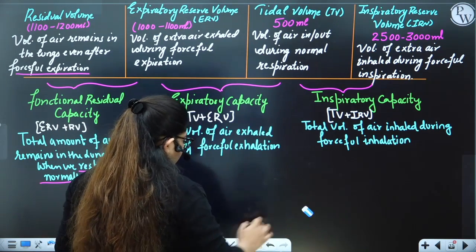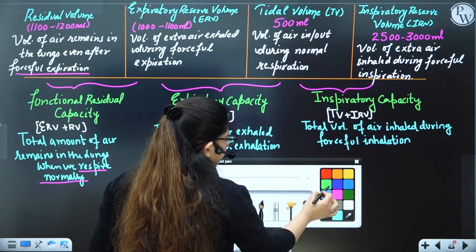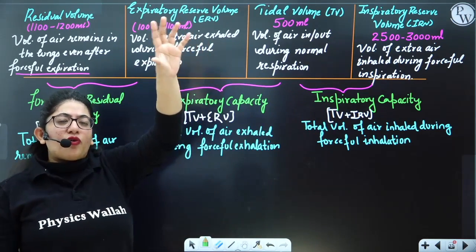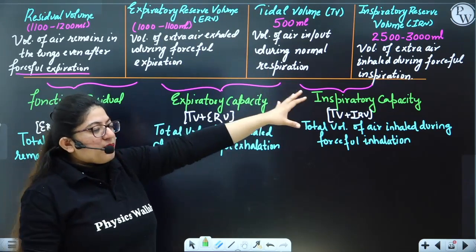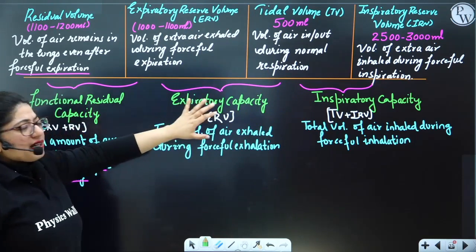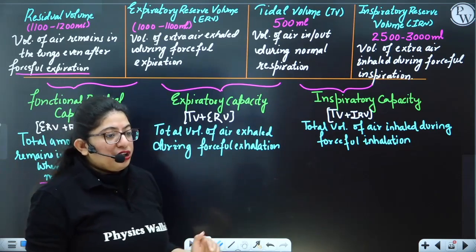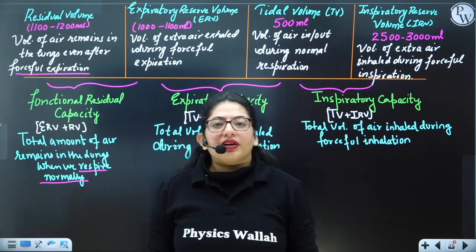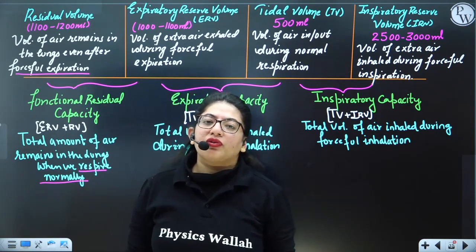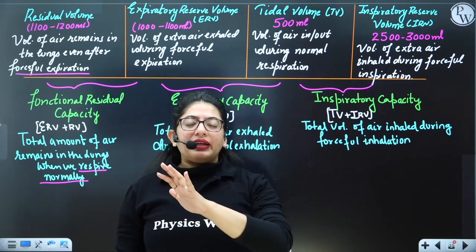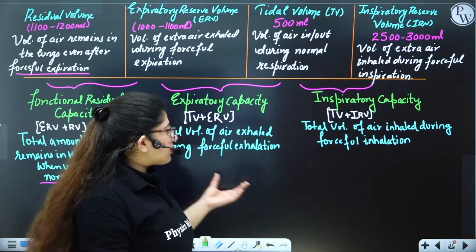So this was the capacity when you were just inspiring forcefully. And this was the capacity when you were only expiring forcefully. What if you inspire and expire forcefully both together? Like in this case, I was inhaling forcefully. In this case, I was exhaling forcefully.